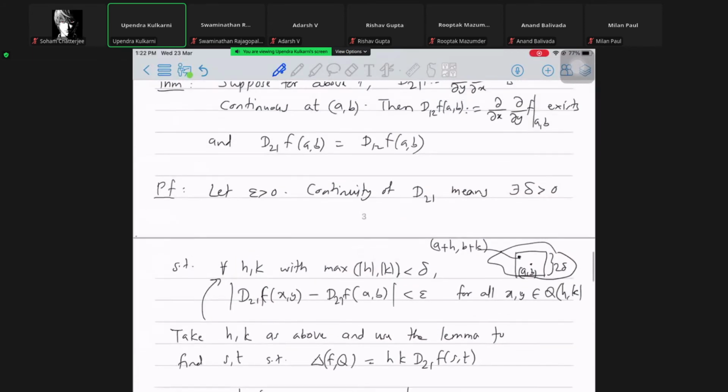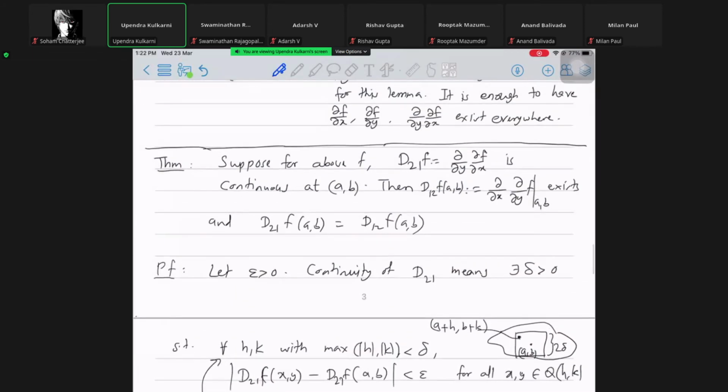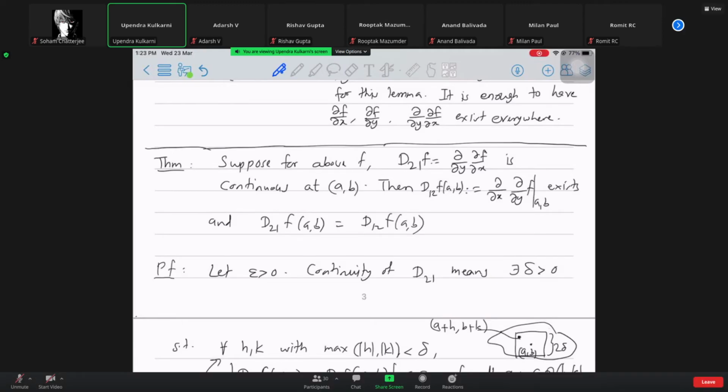So notice the hypothesis here. We wanted to say that D21 is continuous. That was used right off the bat. That means that this double partial derivative certainly has to exist in a neighborhood around a comma b. Without that, we can't get started.